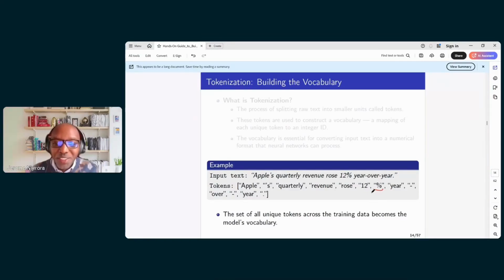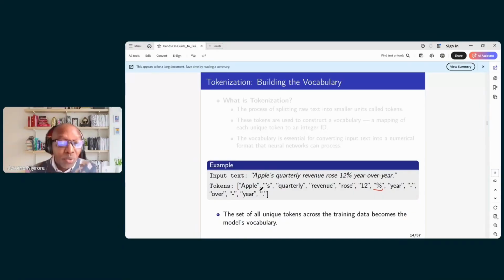You don't want the percentage put next to revenue, for example. The program is going to learn that the percentage comes after the number. And you also have these hyphens there. As you can see, this tokenization has some duplication. We really have not taken care of that part yet.